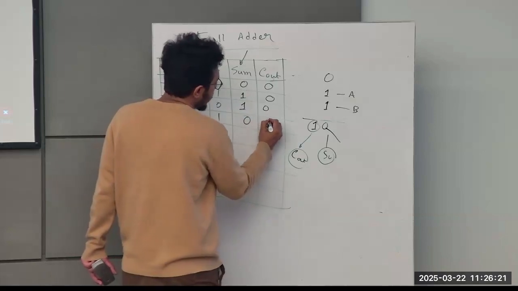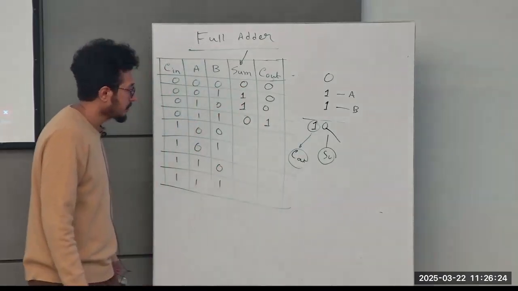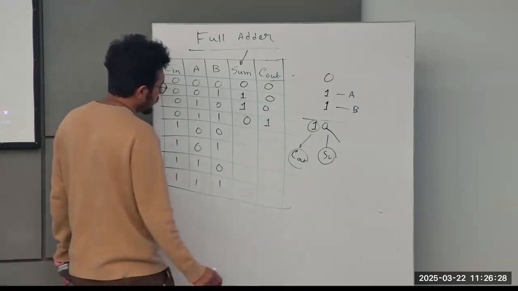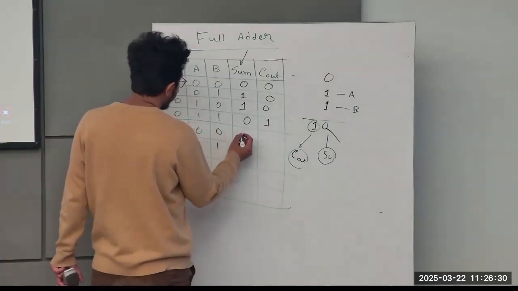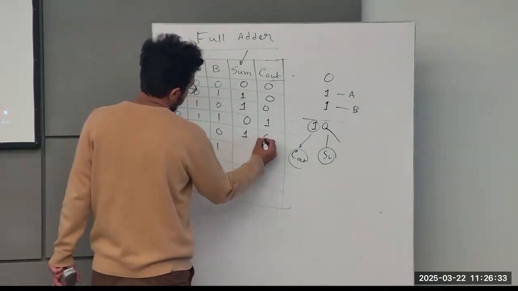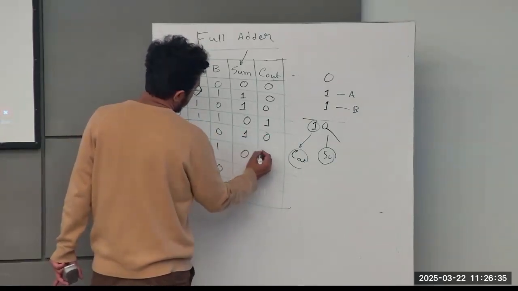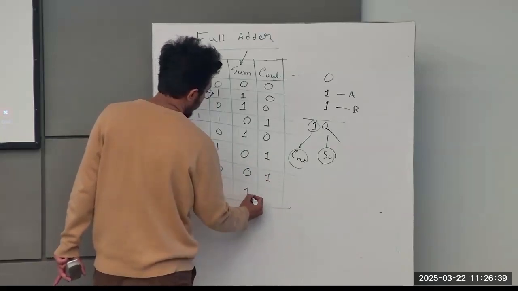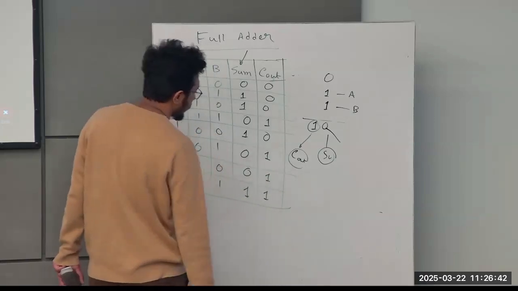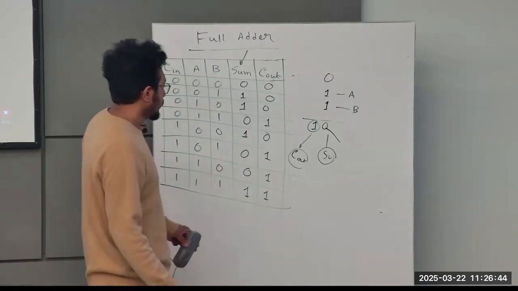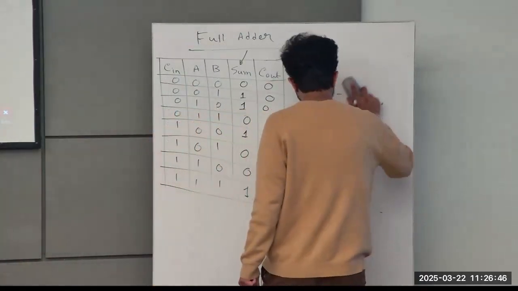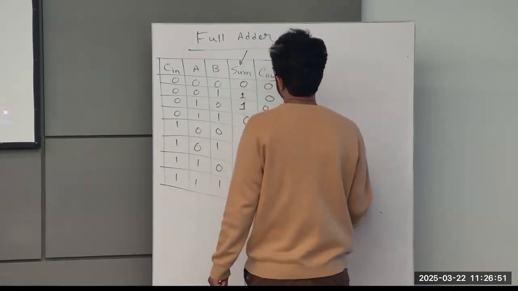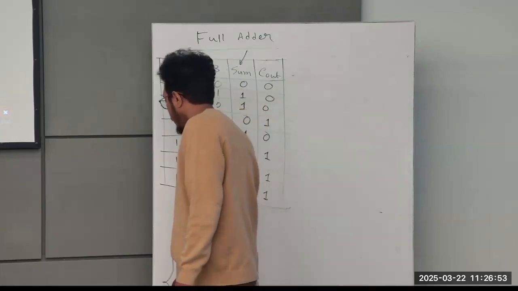Now, if you proceed in a similar way, then we get 1 0, 0 1, 0 1. Okay. So this is the truth table for a full adder circuit.